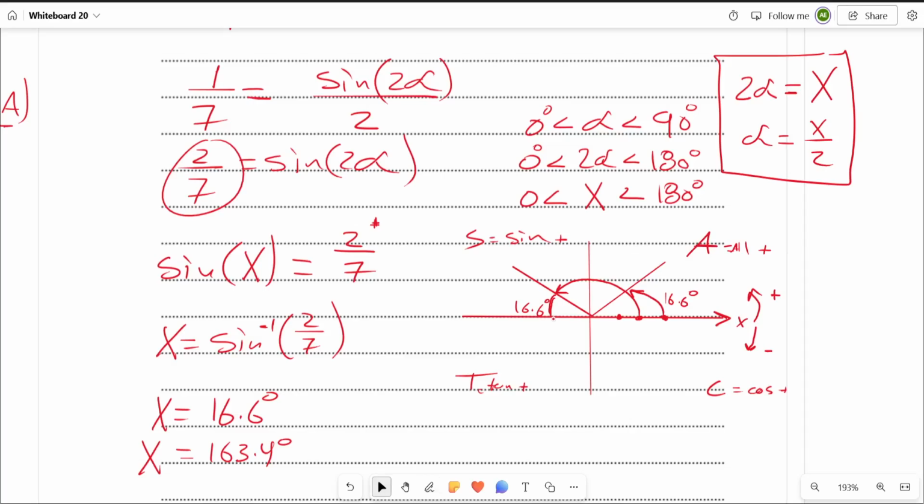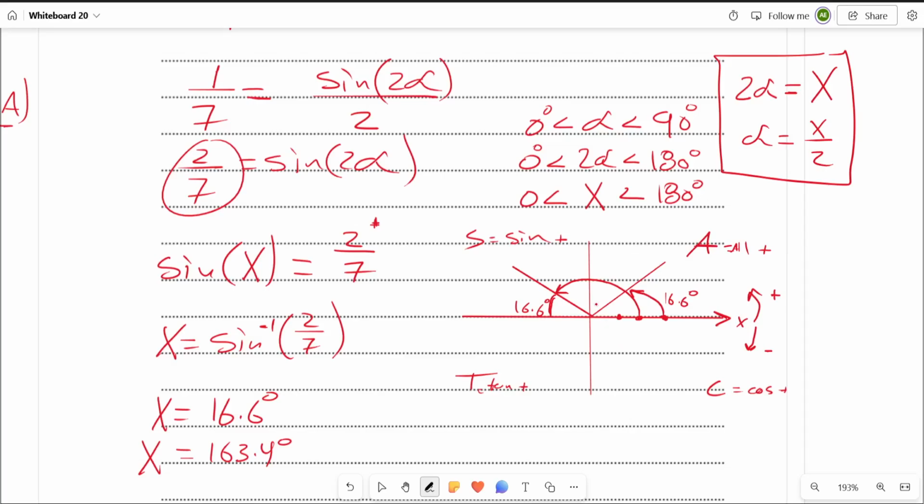So this is going to be 360 plus 16.6. That is my third solution, 376.6 degrees. However, my restriction for x tells me that x is just between 0 and 180 degrees. So I'm not going to take this as a solution. That's how I know that these are the only two solutions that I have.